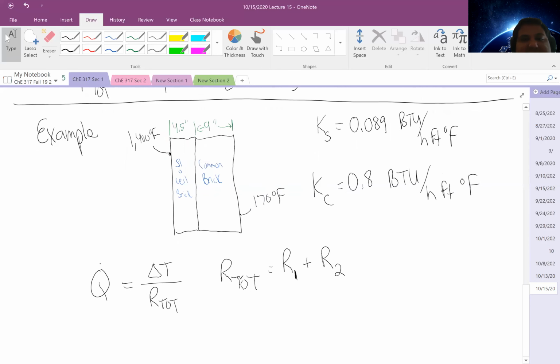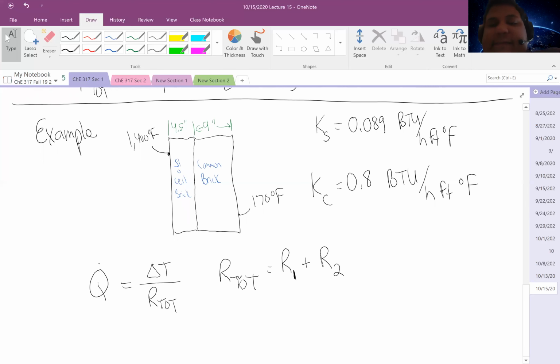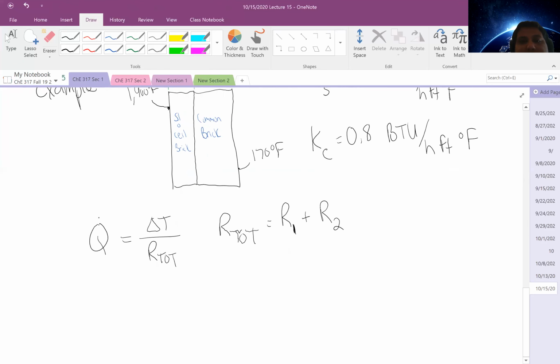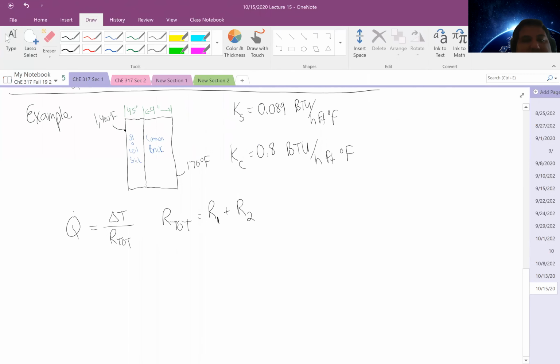So what we need to find out are the two resistances in this wall. Here, I'm going to try to start zooming out more so that you guys don't lose material. So the resistance 1 is therefore delta X over K times A.